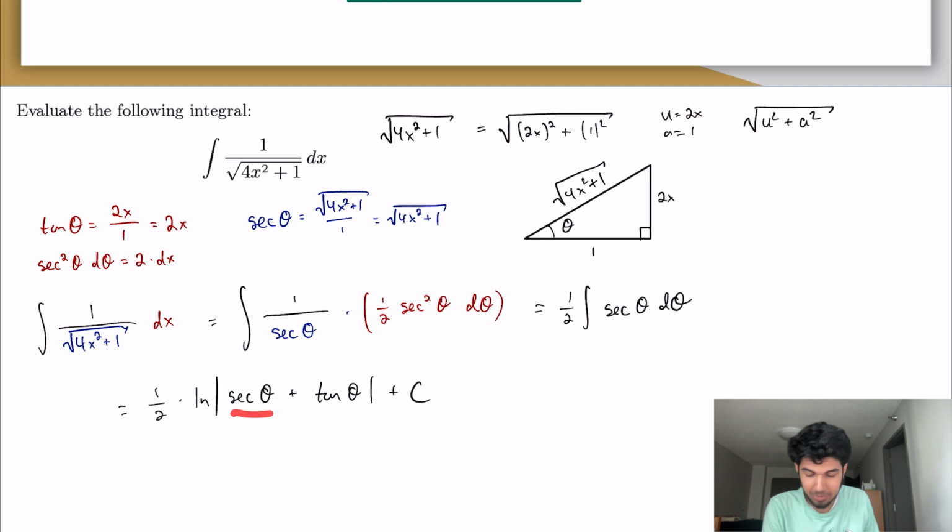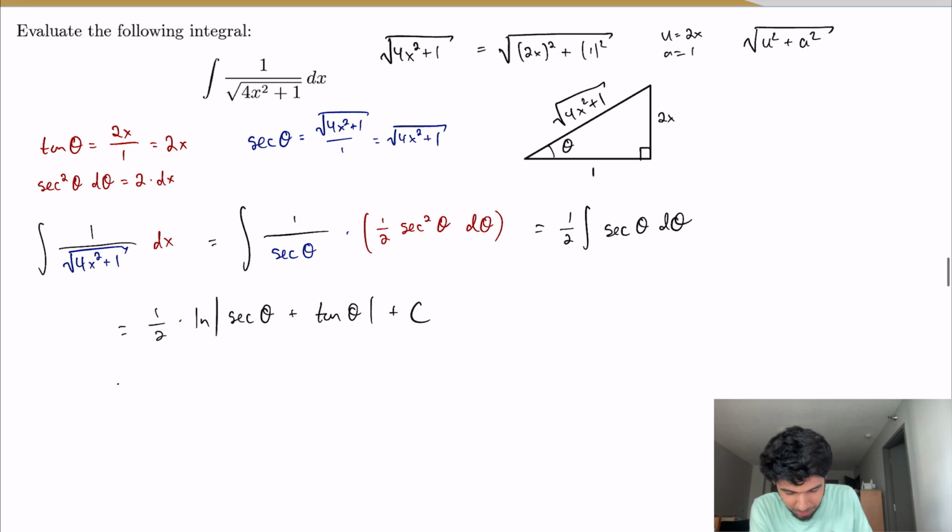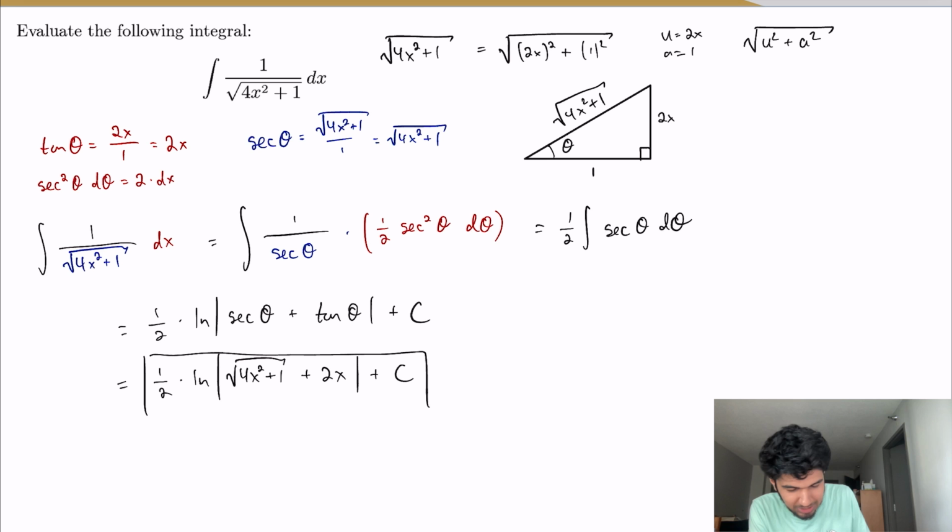So we can compute secant of theta, but in fact we already have up here secant of theta equals the square root of 4x squared plus 1. And tangent of theta we also computed up here, that's just 2x. So this all simplifies to 1/2 times ln absolute value 4x squared plus 1 plus 2x plus c. That is your answer.